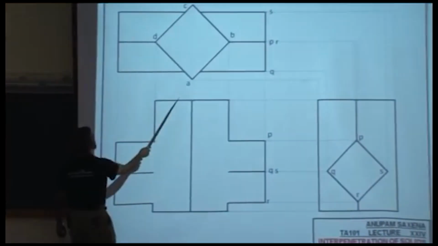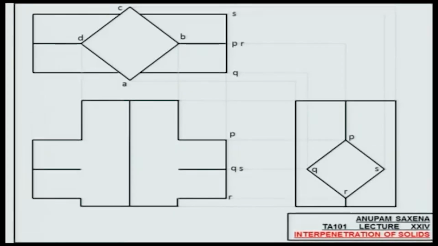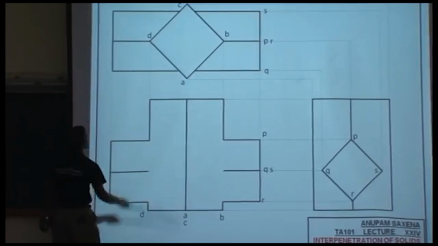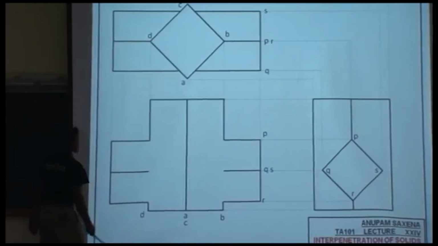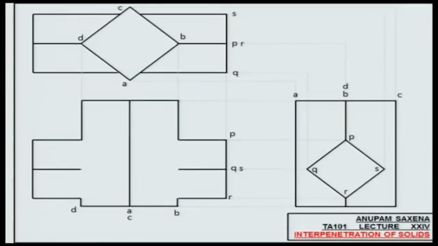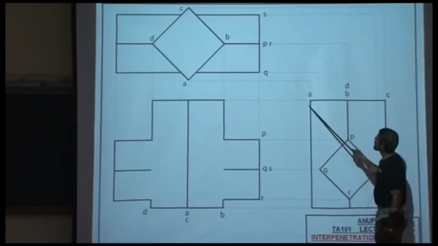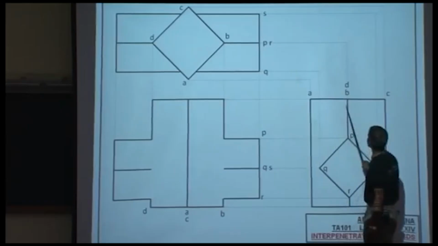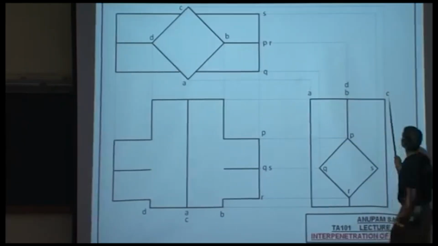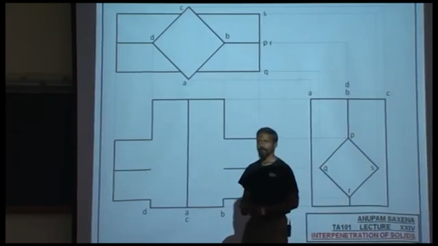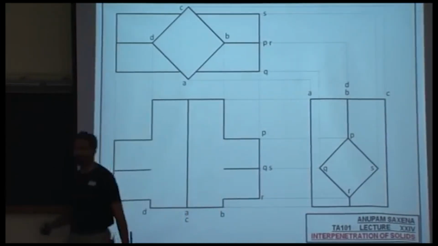So A, B, C, D. Okay, so this is A, B, back side or the back edge C, and D. And likewise over here, A comes from here, B comes from here, the center, C comes from the top over here, and D again at the center. Step 1, you have to do labeling properly.